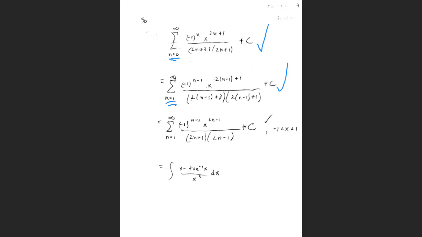Because we are starting our index later, we have to subtract 1 from all the n values, and then that allows us to rewrite our power series starting at n equals 1.